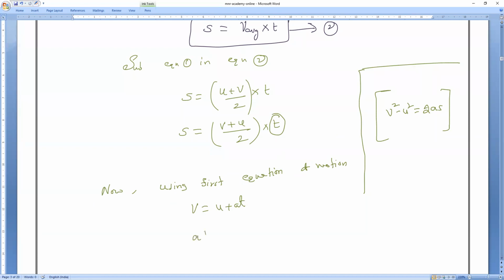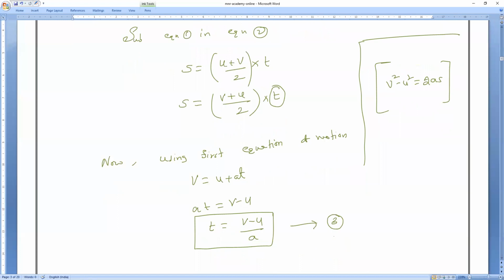Then at is equal to v minus u, and t is equal to v minus u by a. Let me take this as equation number 3, and this as equation 4.